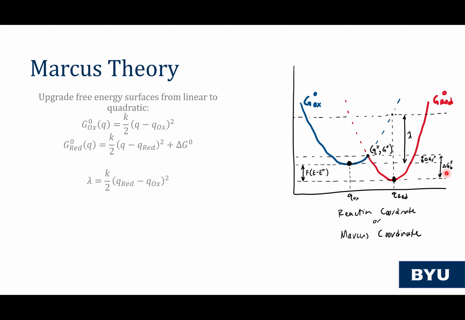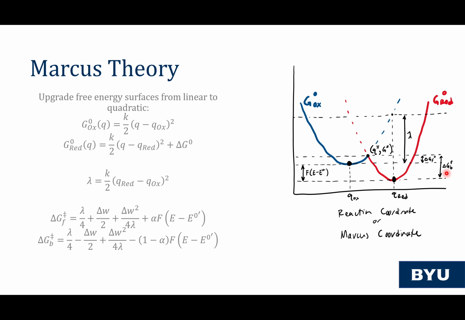So we're going to define this lambda term. We're going to write out a little bit more complicated expressions for the transitional Gibbs free energy. Here we have these delta W terms. That's the work involved in rearranging our solution, getting our analytes where they need to be. And then we can define the transfer coefficient from Marcus theory.